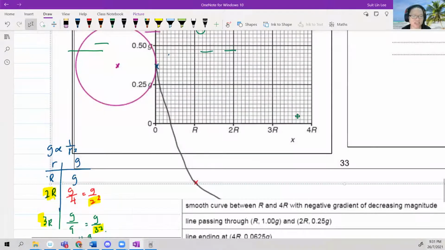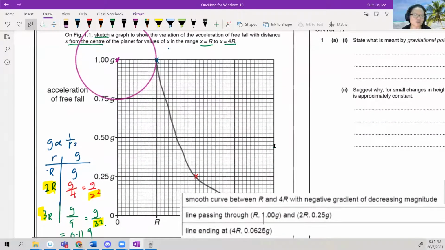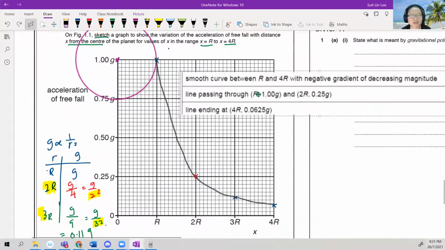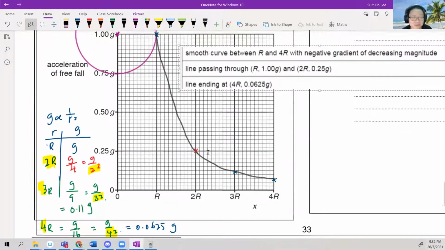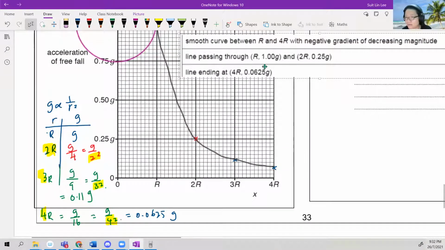We normally estimate. If it looks smooth to me, then it's fine. And then it must pass through this point, and this point, and this point. The 3 one they don't include, but you don't know which one they didn't include, so might as well you plot all the important points. Does that make sense?